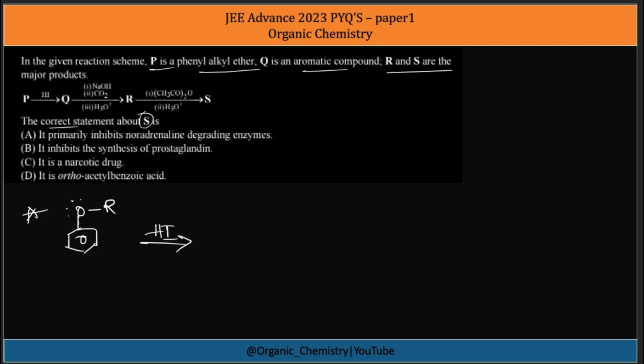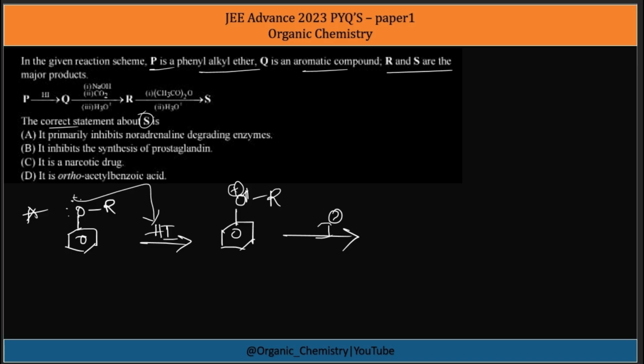Protonation occurs. This oxygen has a lone pair, and it will abstract the hydrogen and form OH positive R. Then afterwards, I negative acts like a nucleophile, and here there are two choices. See, it can attack on the alkyl group, or else it can attack on the phenyl group.